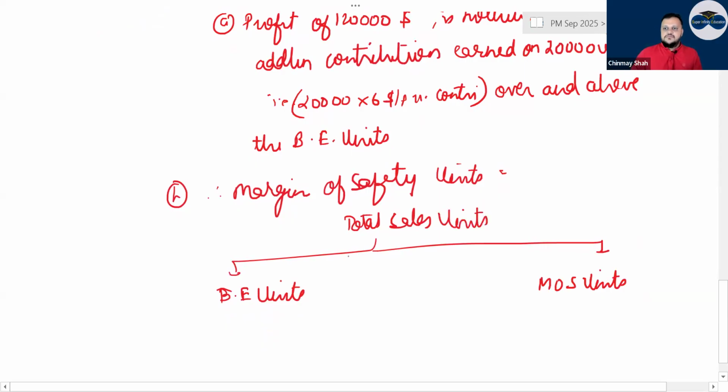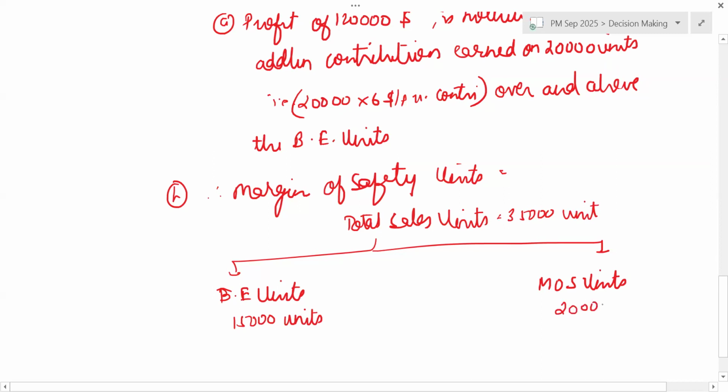Your break-even units are 15,000 units, right? So total sale units are 35,000. Then how much are margin of safety units? 20,000 units.